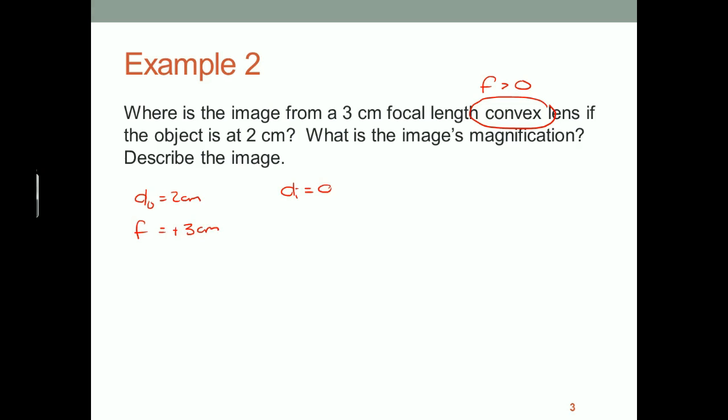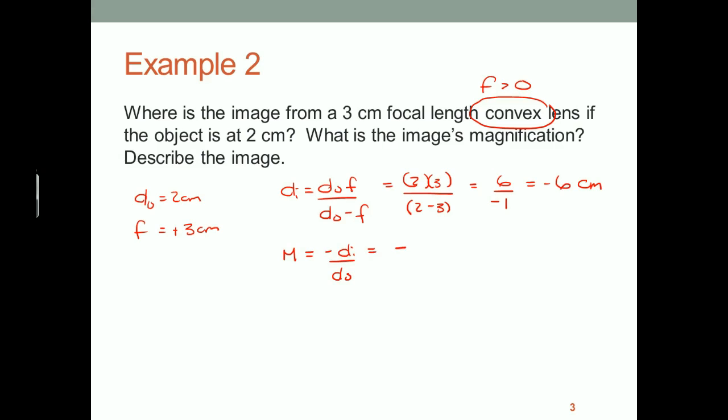Using the same formula as I did on the last slide, do times f divided by do minus f, that's 2 times positive 3 over 2 minus 3, which is 6 over negative 1, or negative 6. Units are centimeters. The magnification is negative of the image distance divided by the object distance. So that's negative 6 divided by 2, or positive 3.